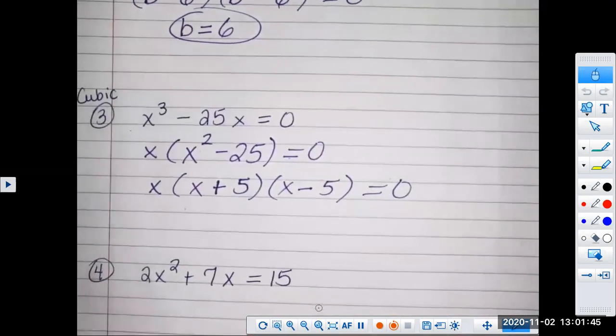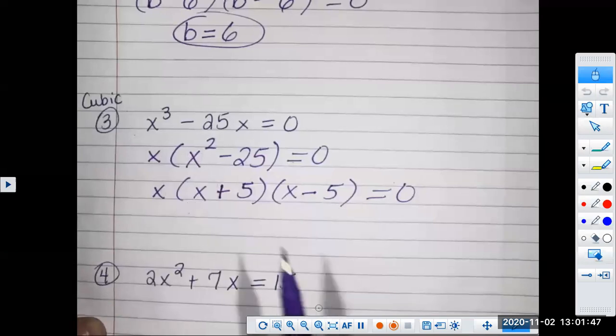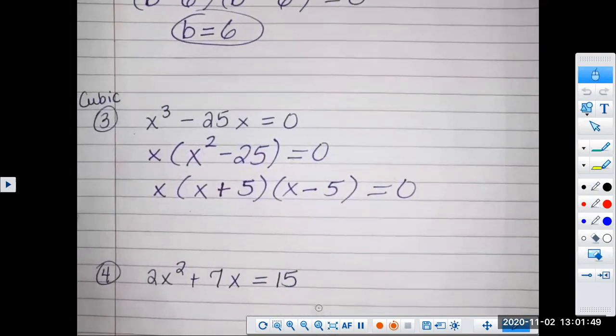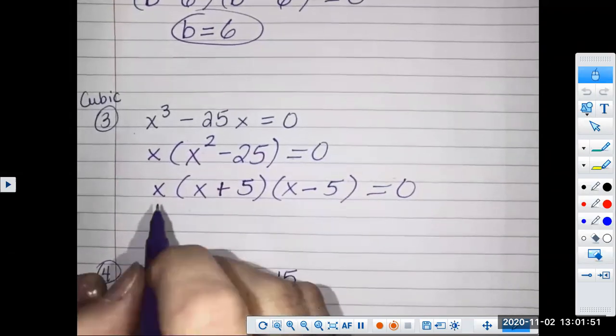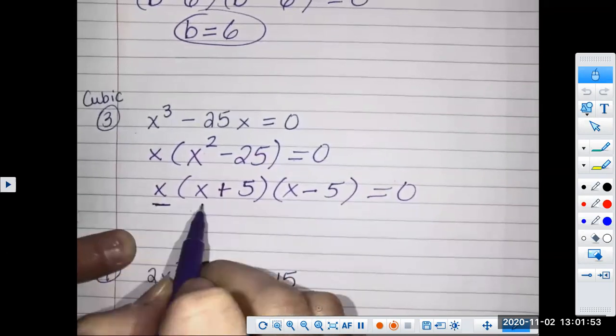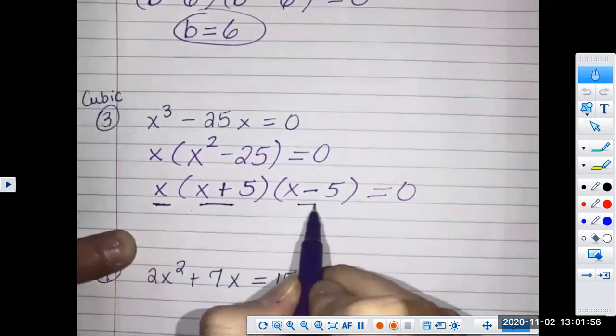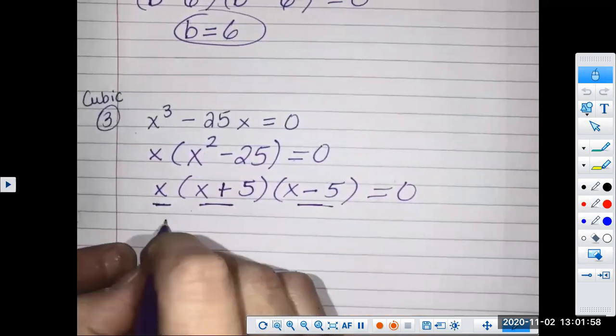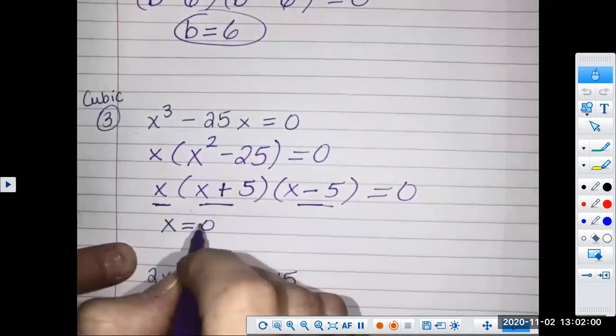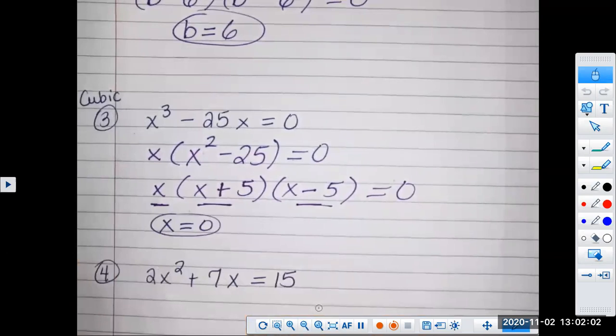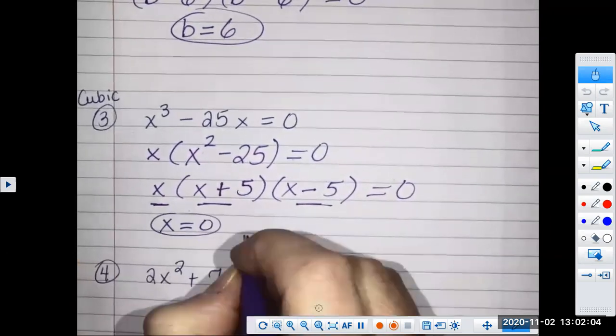Now you have to go through, how many pieces do you have? You've got 3. So I have to set each piece equal to 0 and solve it. So if I set that equal to 0, x equals 0 is a solution. X equals what from the middle?